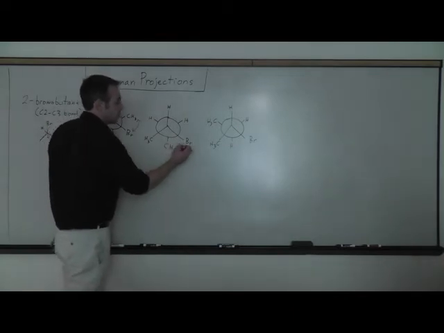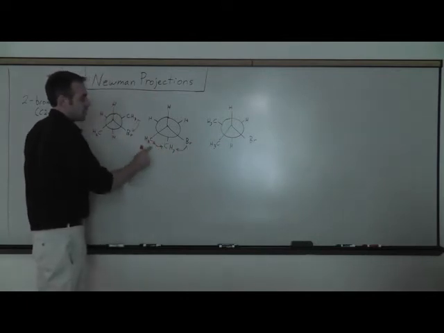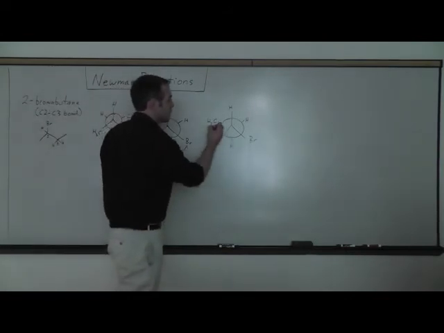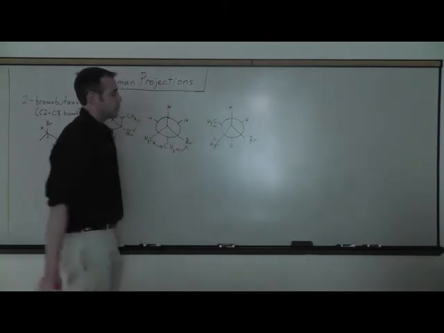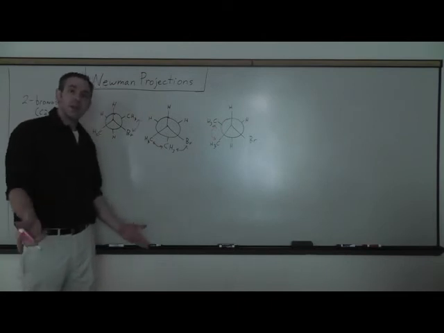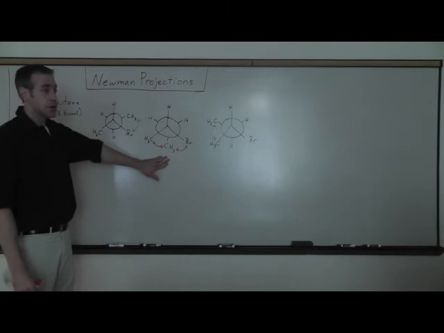In this structure, we've got a gauche interaction between the methyl group and the bromine, and a gauche interaction between two methyl groups. In the last structure, we have just a gauche interaction between two methyl groups. And so the fewer gauche interactions, the better. And so this would be the least stable staggered conformation.